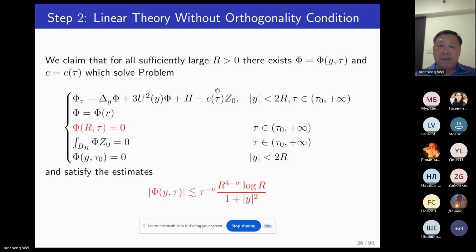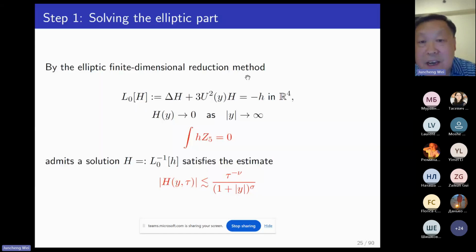Okay, and in the second step, we solve the linear problem with the big H. So this big H comes from the elliptic problem. I just drop the tau, and we solve the elliptic problem. I get a solution.